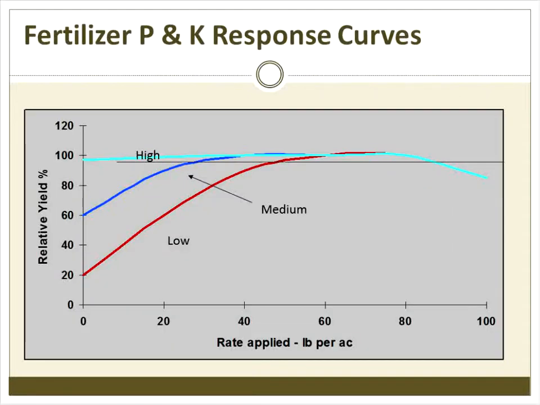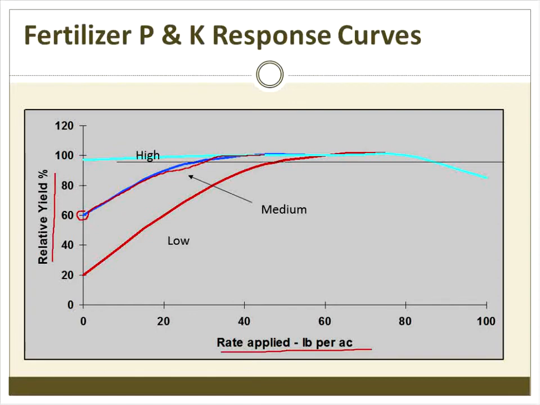All right? So follow me here on this slide for a second. This is our crop response, our relative yield and the amount of phosphorus, or amount of nutrients, that are applied. So if we have a soil that has a 60% yield and we add some nutrients, we're going to eventually reach 100% yield.